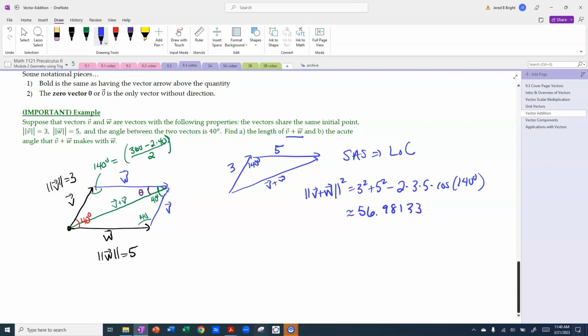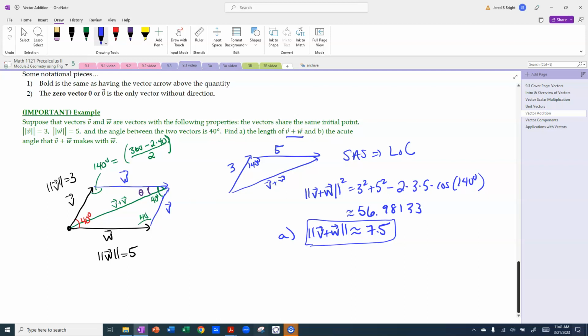Then I have to square root that. Square rooting that on my calculator, I get that the length of v plus w is approximately, let's say 7.5, to 1 decimal place in this case. So I know the length of the resultant, and I was able to do it using the law of cosines. How neat. Isn't that fun? You're probably like, no, Professor Bright, no. But there we go.